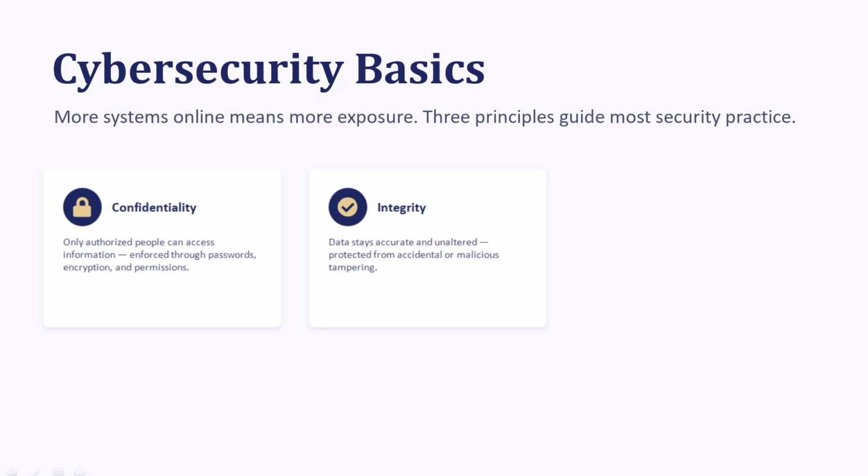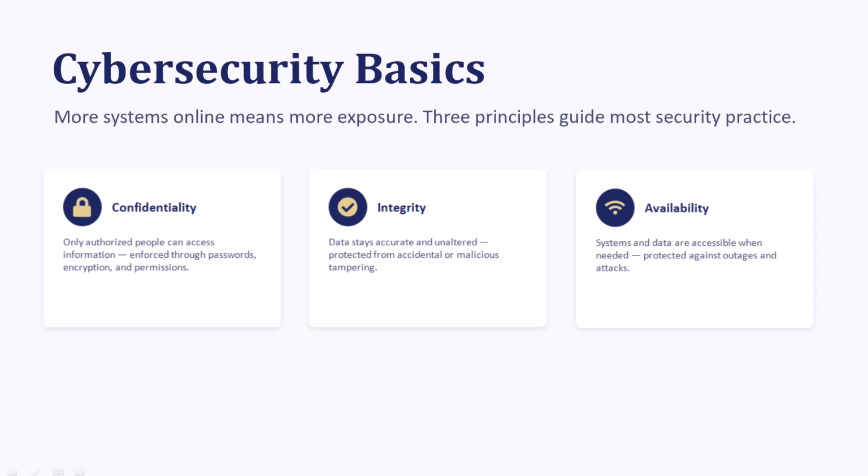Integrity means data stays accurate and unaltered. It's protected from both accidental changes, like a corrupted file, and malicious tampering, like someone deliberately altering records. And availability means systems and data are accessible when needed.